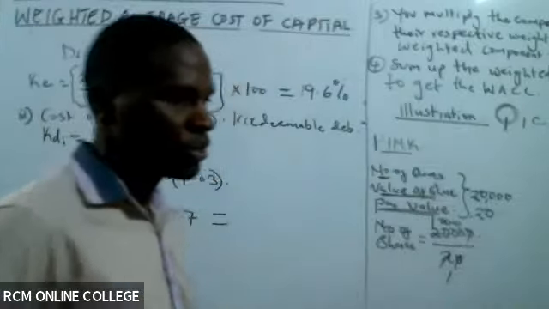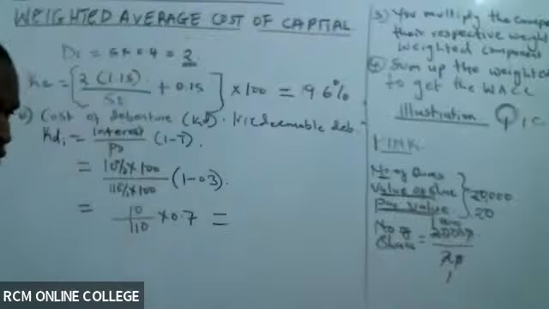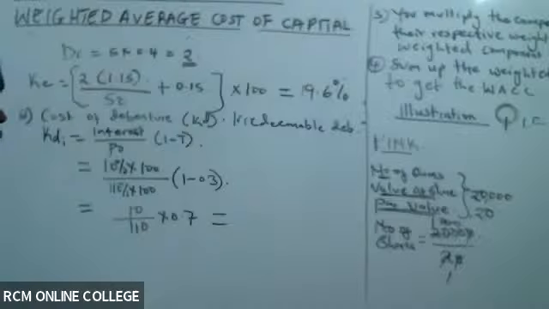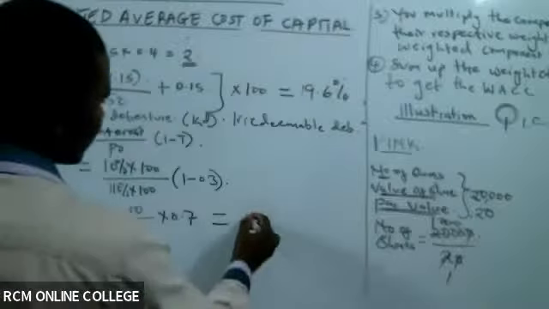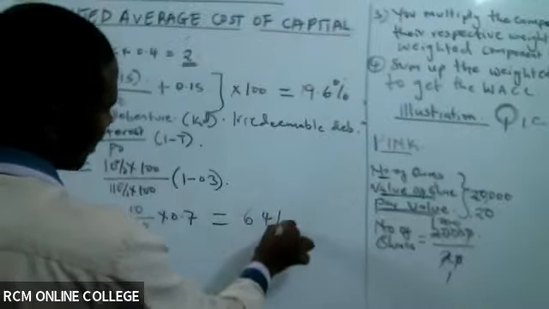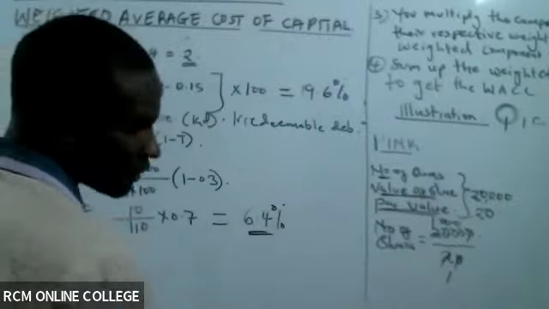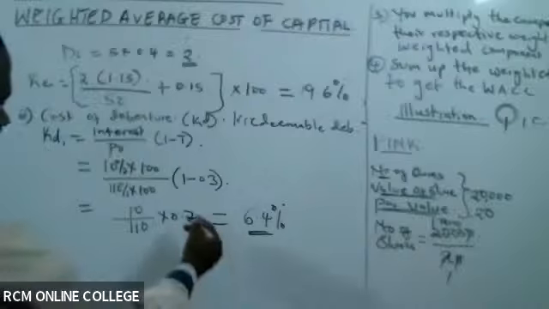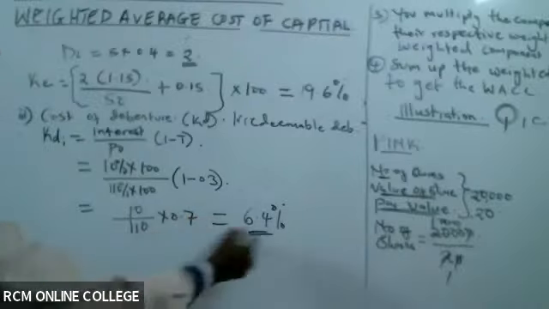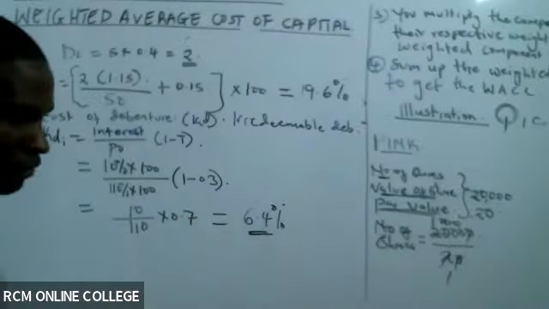Engage your calculator to save on time. 10 out of 110, so it is like 1 over 11, times 0.7. So it is 6.4%. Look, this is 0.7. Look carefully there, 6.4%.